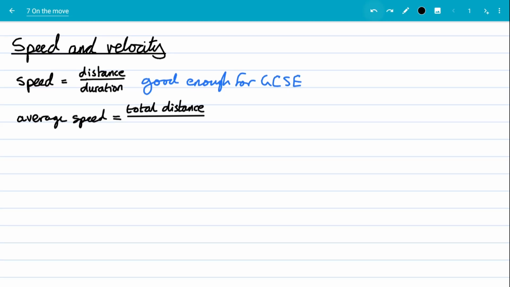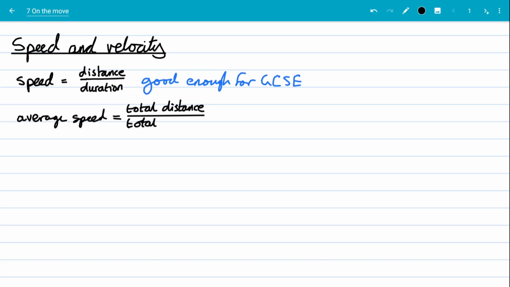In kinematics, what we mean by average speed is just this: the total distance divided by the total duration of motion, or call it time if you like. So speed equals distance over time, distance is speed times time. All of that is still true, there's nothing wrong with it, it's just a bit basic.